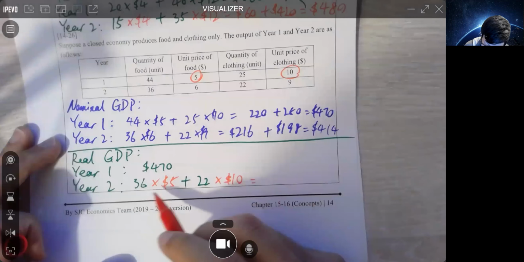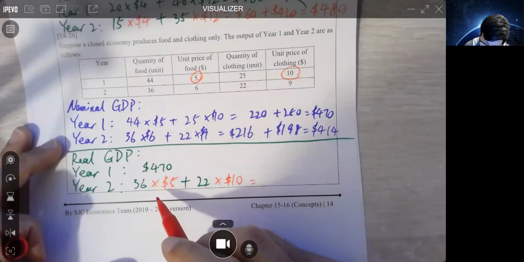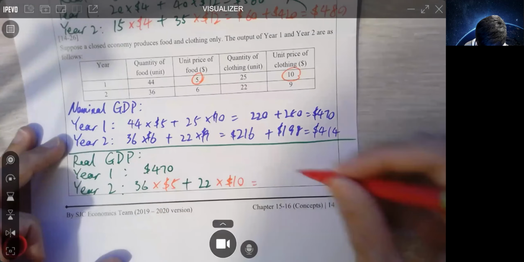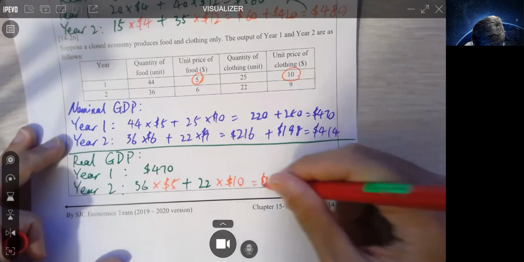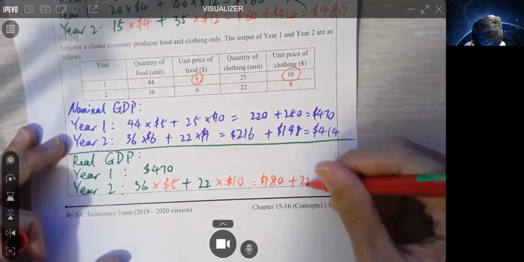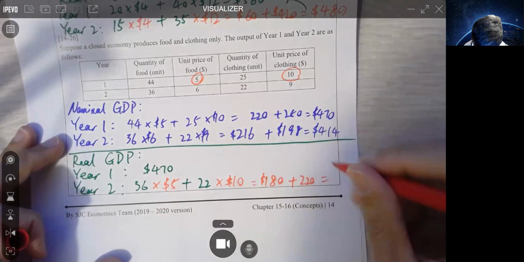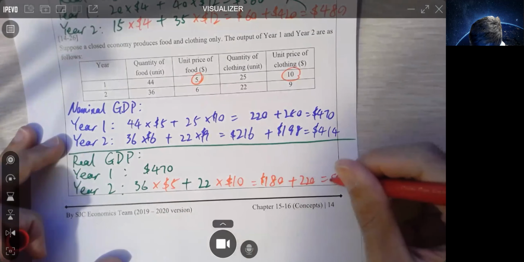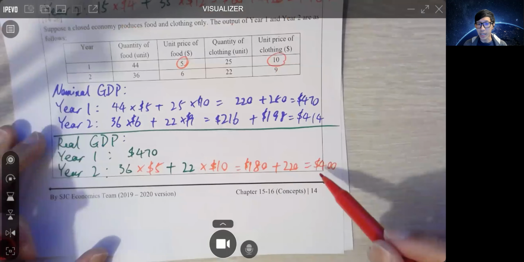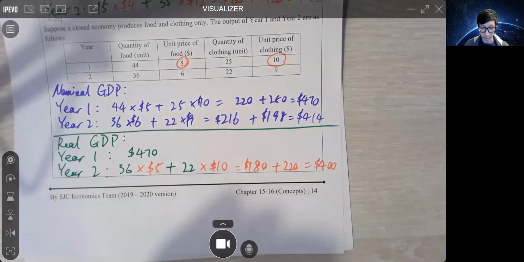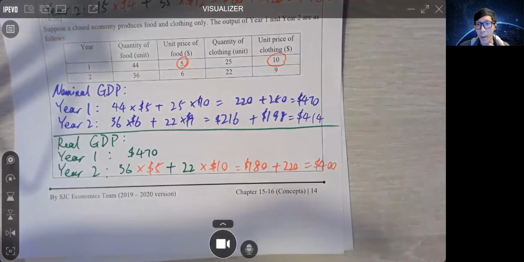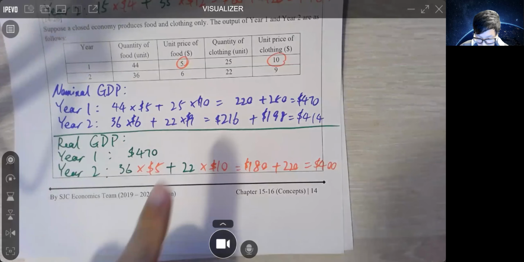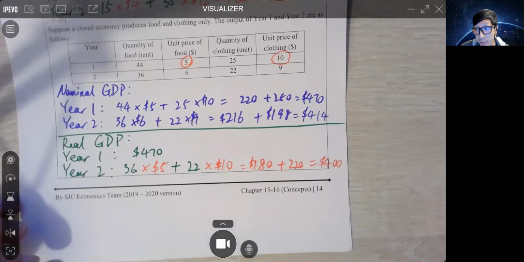That would be 36 times 5, which is 180, plus 220, that would be 400. Oh, wow. You see, it's actually even smaller than the nominal GDP. Okay, so this is the mathematical operation of nominal GDP and real GDP.